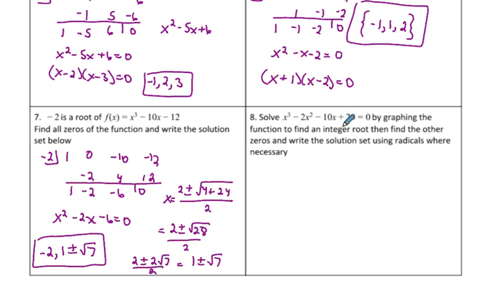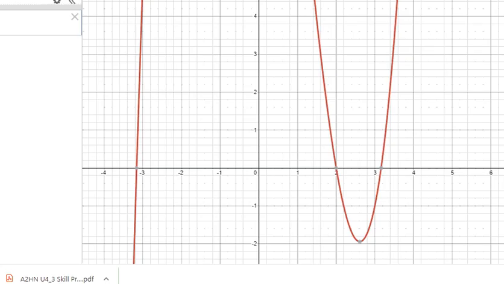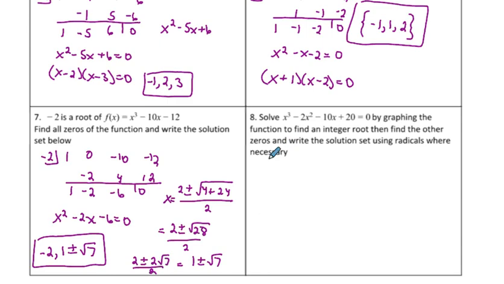All right, now over here, we graph this to find an integer root. So let's find that integer root. And here we see we have an integer root at 2, 0. So our root is 2, and then we have 1, negative 2, negative 10, and 20.